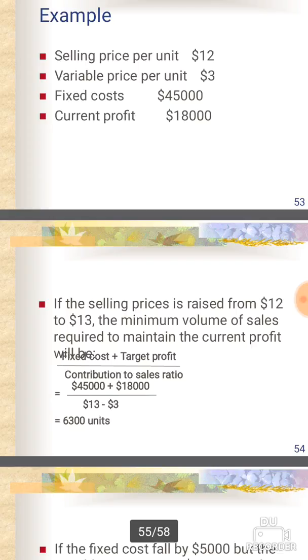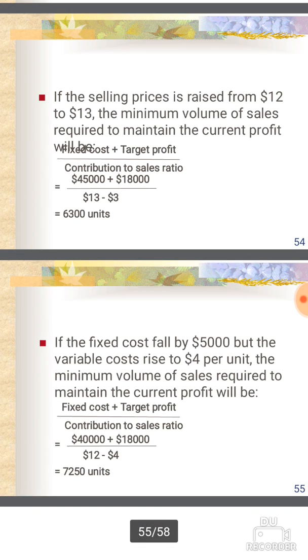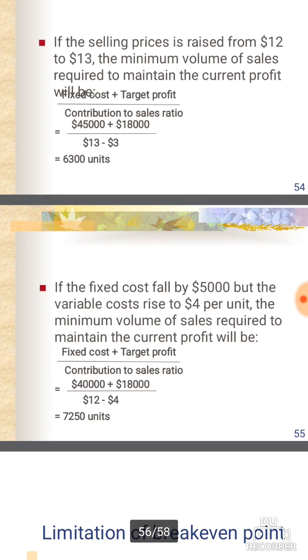If the selling price is raised from $12 to $13, the minimum volume of sales required to maintain the current profit will be fixed cost plus target profit divided by contribution per unit, which is equal to $45,000 plus $18,000 divided by $13 minus $3, equal to 6,300 units.